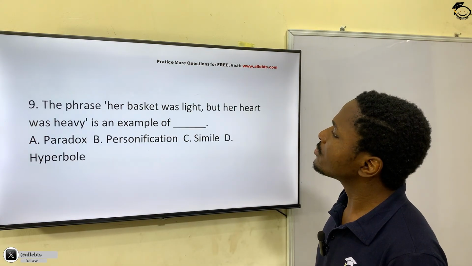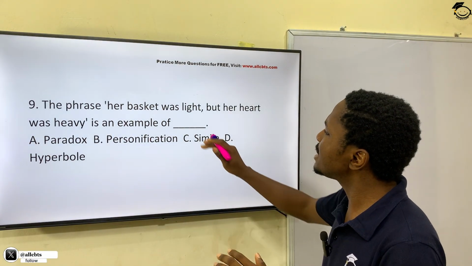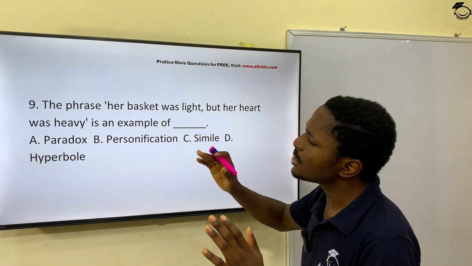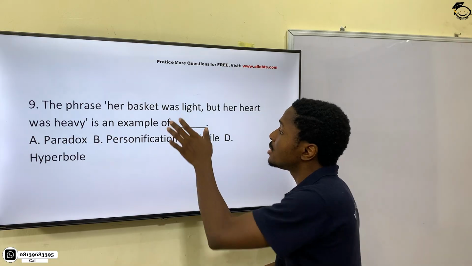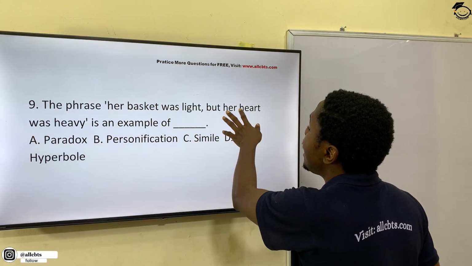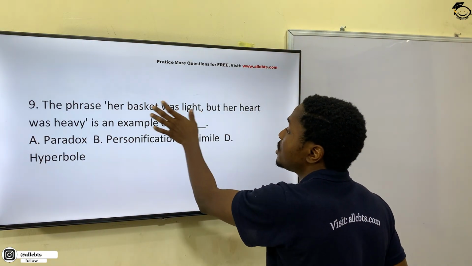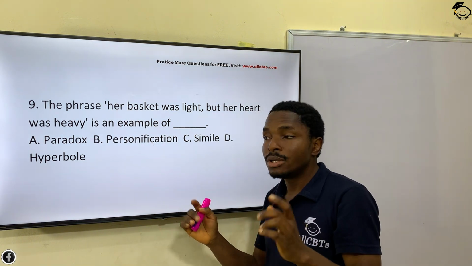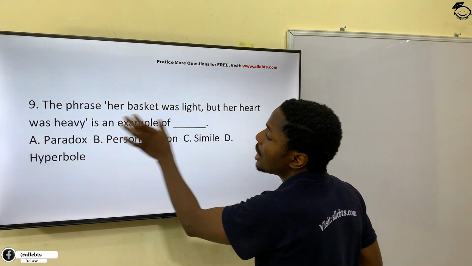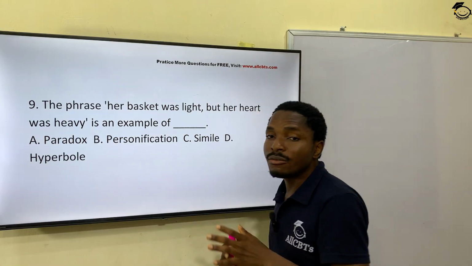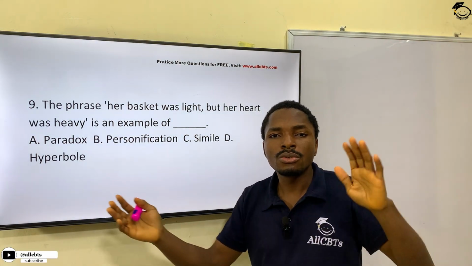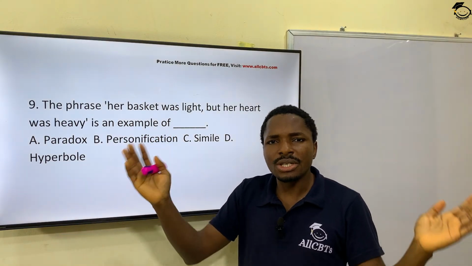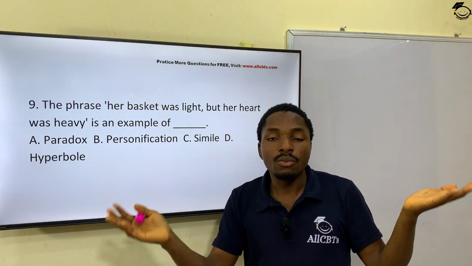Question 9. The phrase, "Her basket was light, but her heart was heavy," is an example of what? What's this figure of speech here? You see, it's in quotes. Is an example of what? So this is a paradox. A paradox is often two contradictory statements in one.